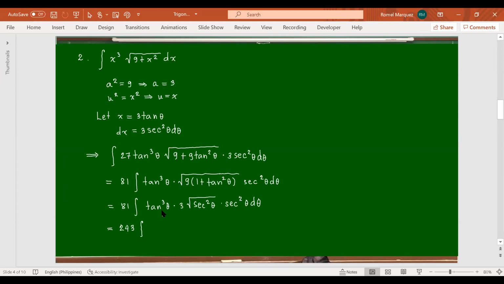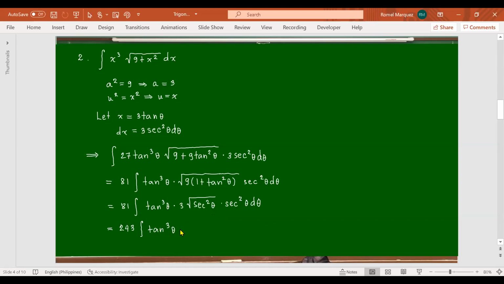Integral of, this is tangent cubed theta times the square root of secant squared theta, which is secant theta. Again, we don't need absolute value. Why? Because the secant function is always positive in the first and fourth quadrant, which is the restriction for our theta.